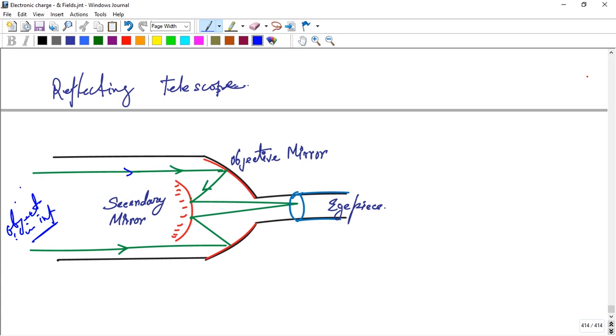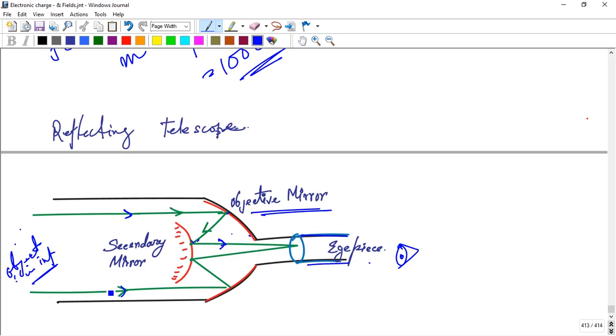The incident rays strike the objective mirror and then go back to the secondary mirror. After striking the secondary mirror, they then strike the eyepiece.